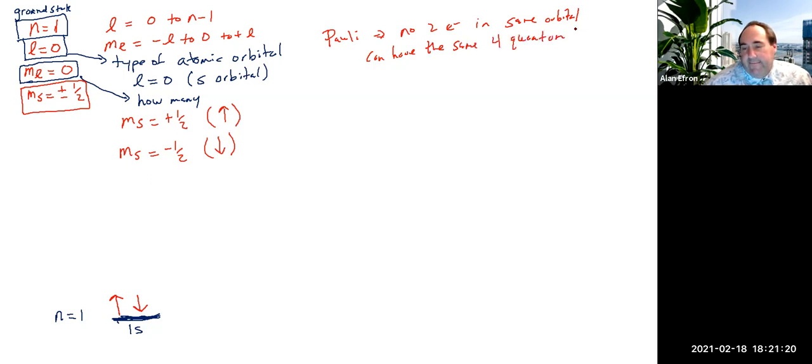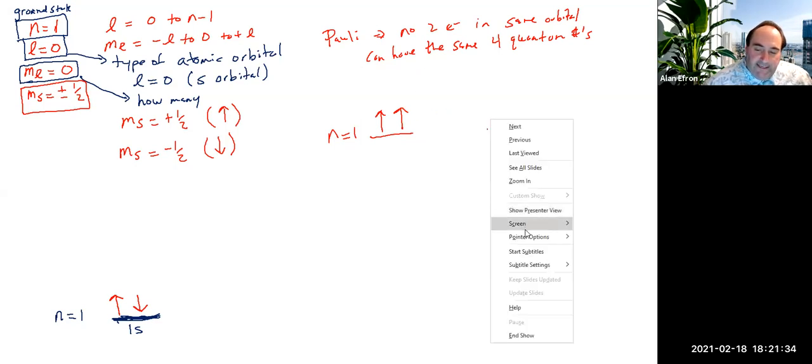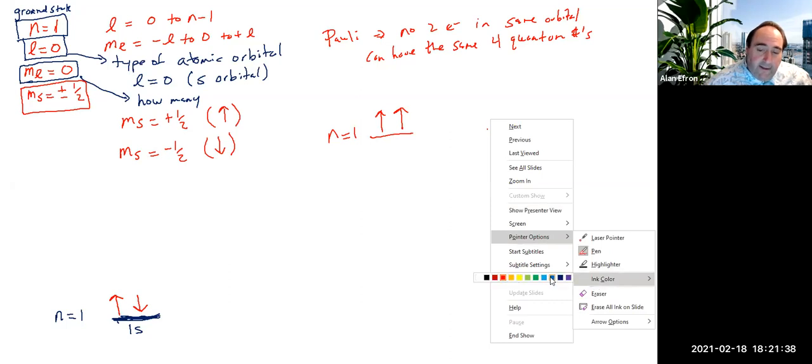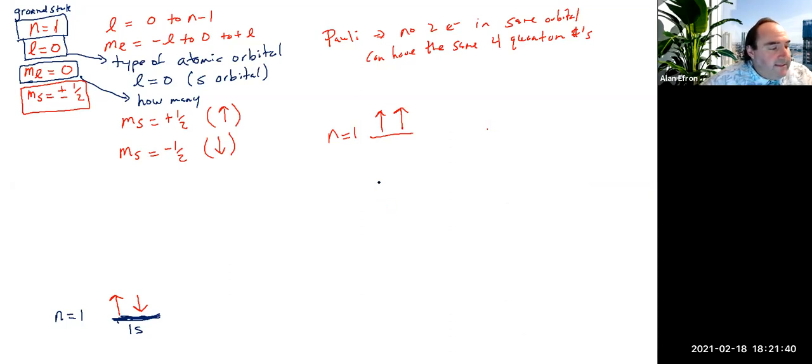So let's just say, for example, you want to violate that rule and you say, I don't care. My n equals 1 is going to have both electrons heading in the same direction. So as we will see as we go through these, you can assign quantum numbers for every single electron individually.